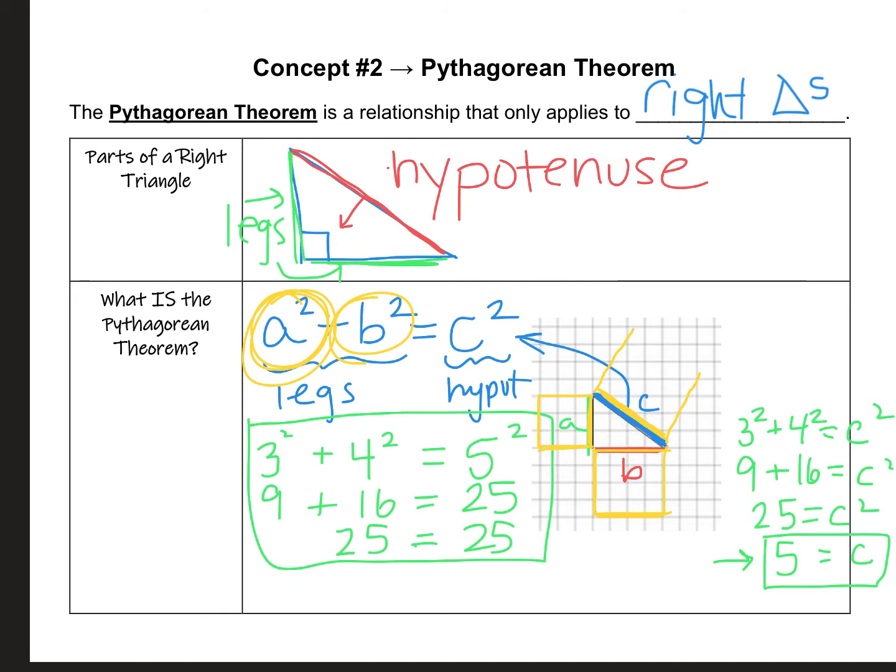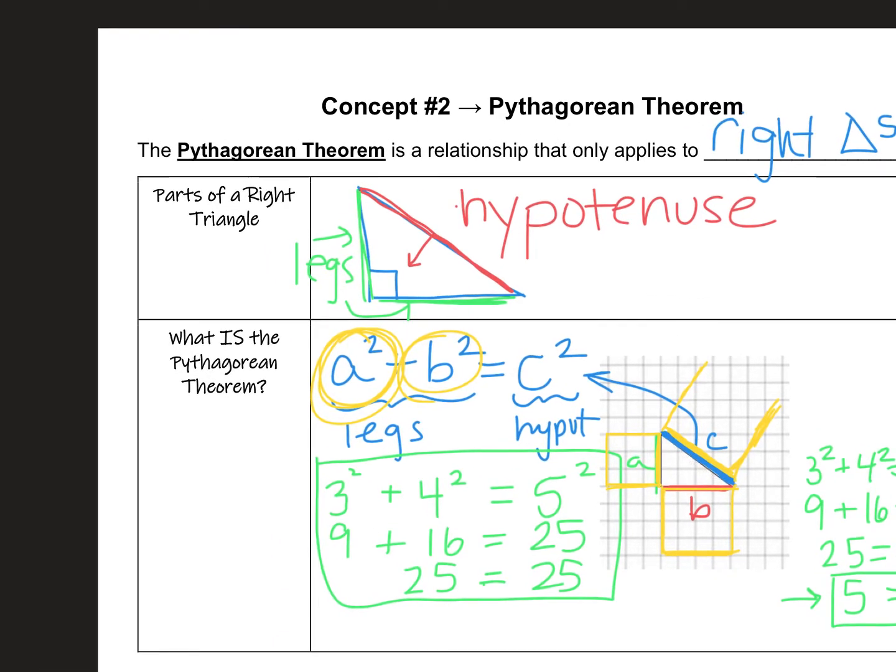So just try to replicate this length over here. So I'm going to make that a little bit longer. And then when I draw in this square, that should be a square that's 5 by 5.